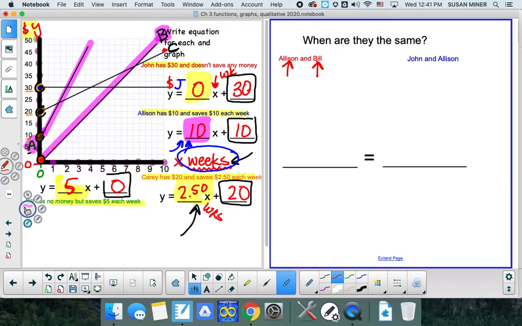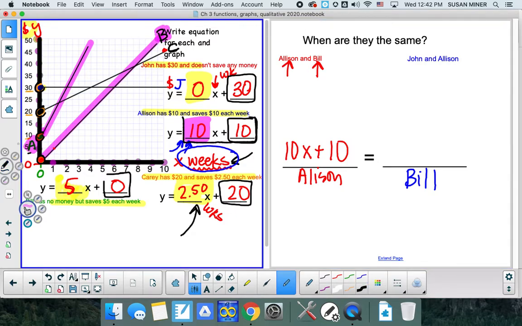Whatever I'm comparing, Allison and Bill, I'm going to take Allison's equation. This is going to be Allison, and I'm going to write Allison's equation in this box right here. So Allison's equation was 10x plus 10. And then I'm going to do the same thing. This box is going to represent Bill. So whenever I want to compare two things, I'm going to use their equations to help me. I'm kind of just taking off the y part.